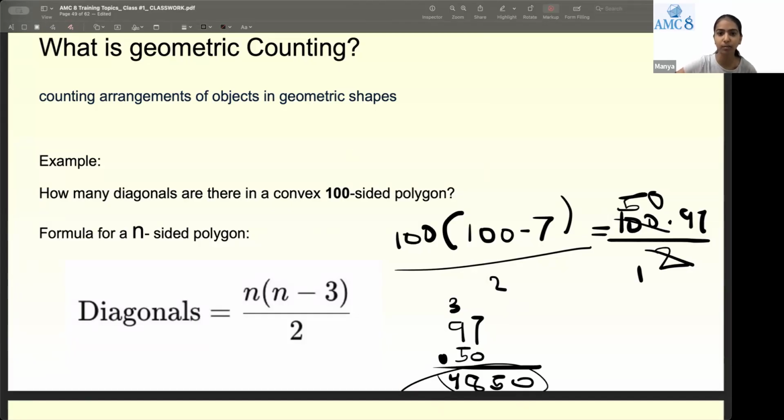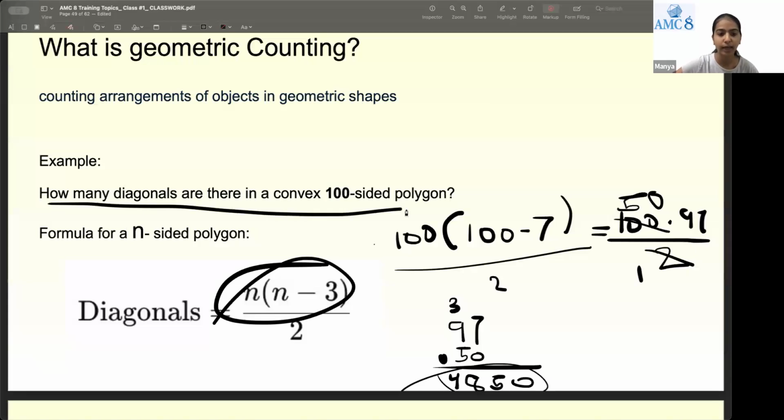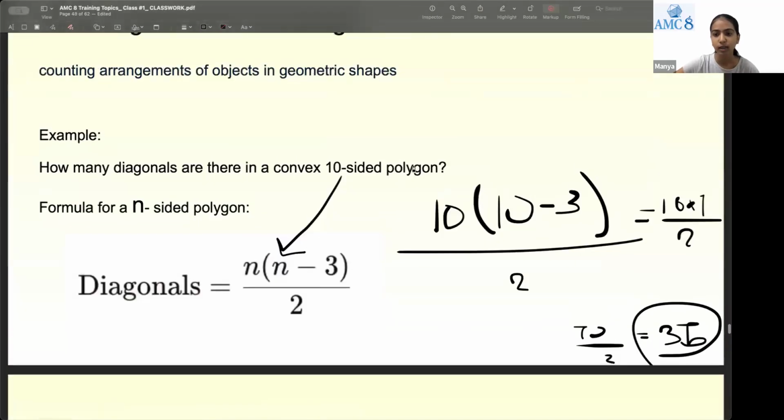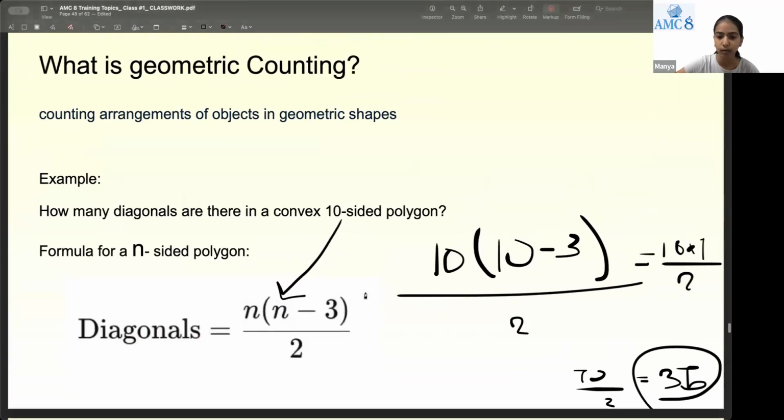If you have a question, you can unmute. Why is it 100 minus 7? Oh, you see this formula right over here? We're going to use this formula to solve this question, because they're asking how many diagonals are there on a convex 100-sided polygon. This is the same formula that we used here.